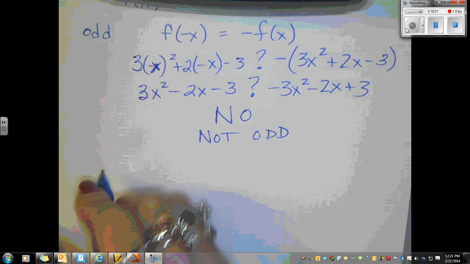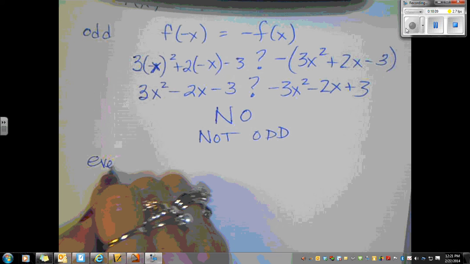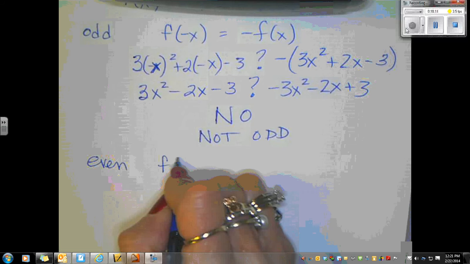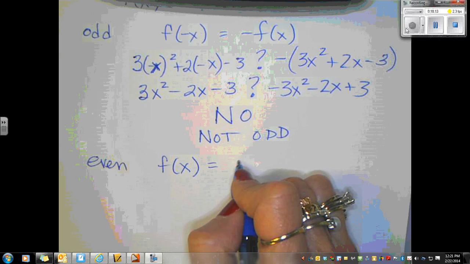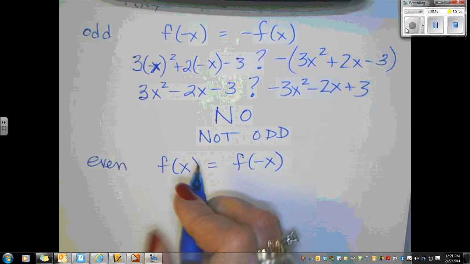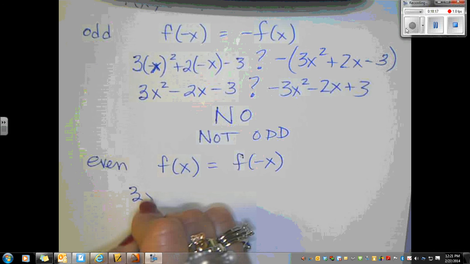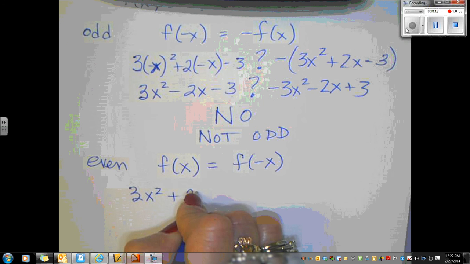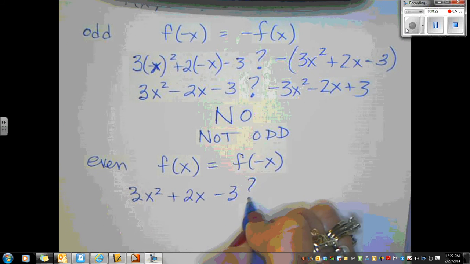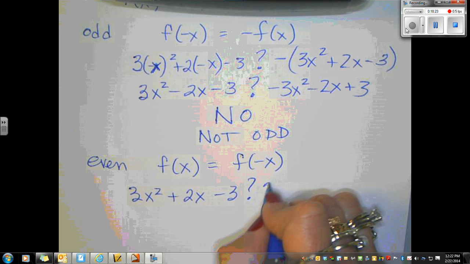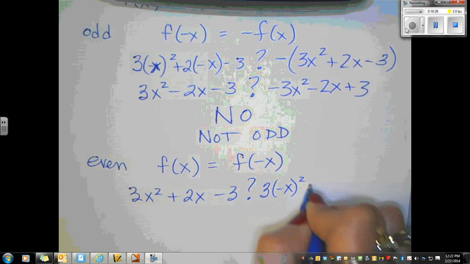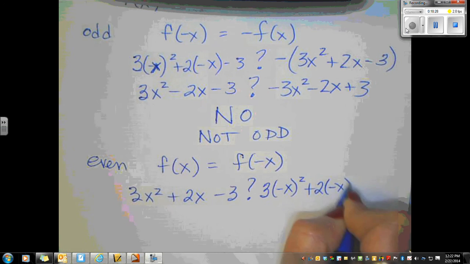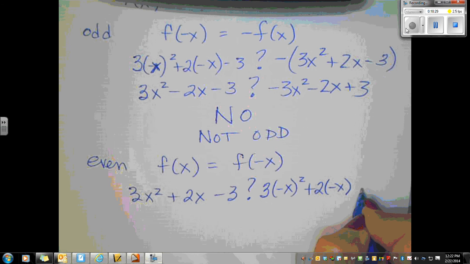Okay, even. F of x equals f of negative x. 3x squared plus 2x minus 3, is that the same as 3 times negative x squared plus 2 times negative x minus 3?